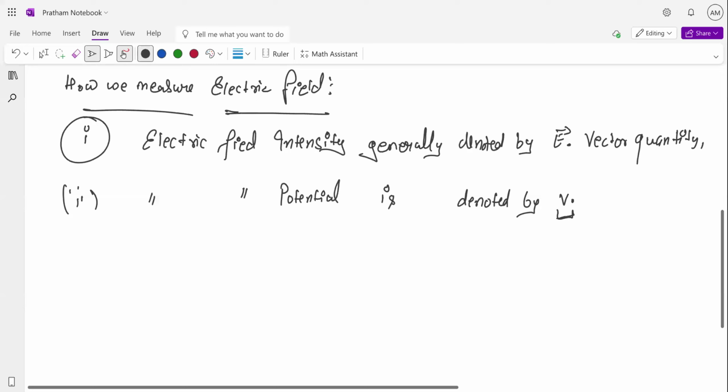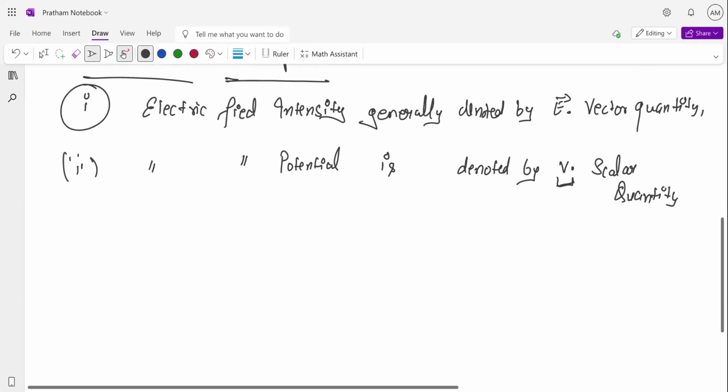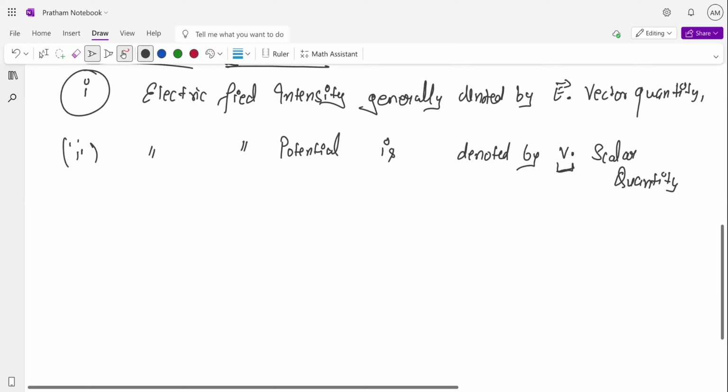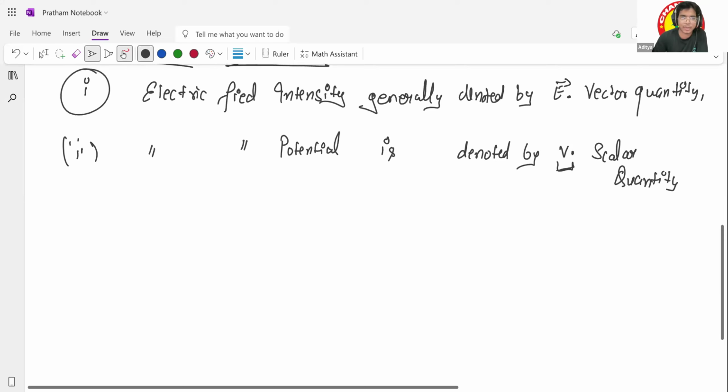Potential is a scalar quantity, right? Basically, you can relate it with potential energy. Energy is a scalar thing, it doesn't depend upon which direction you are moving. So it is a scalar quantity.